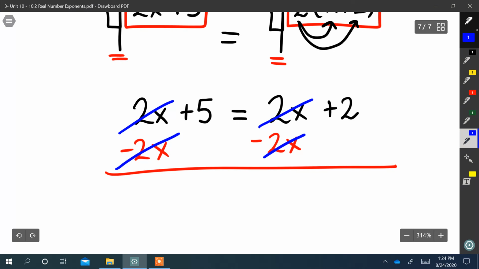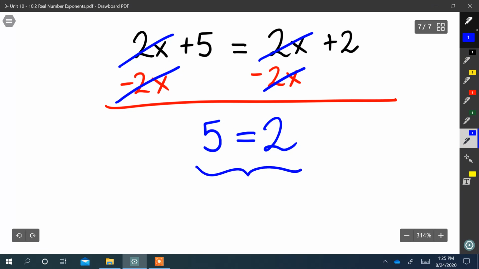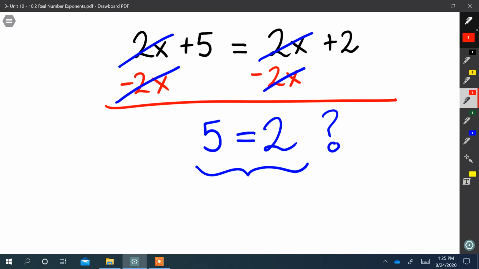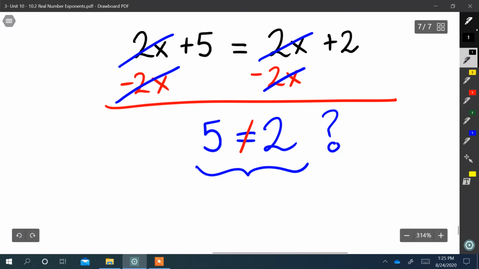This and this cancels out, and you end up getting 5 is equal to 2. Now you're wondering, is 5 actually equal to 2? Okay, absolutely not. So since 5 is not equal to 2, this problem actually has no solution.